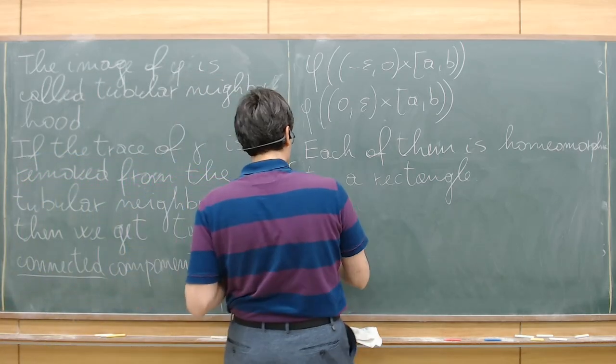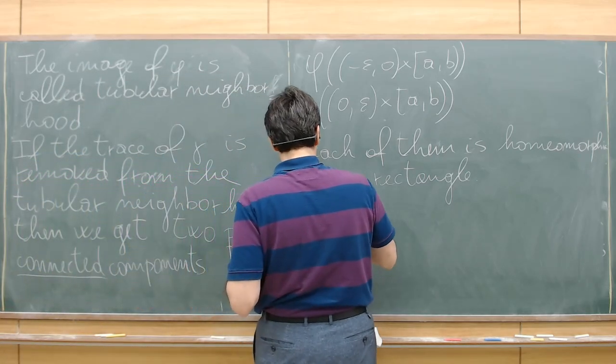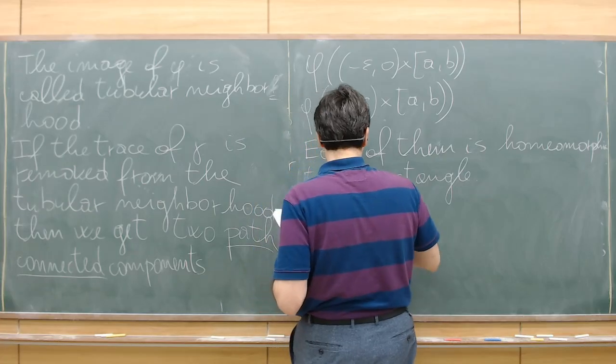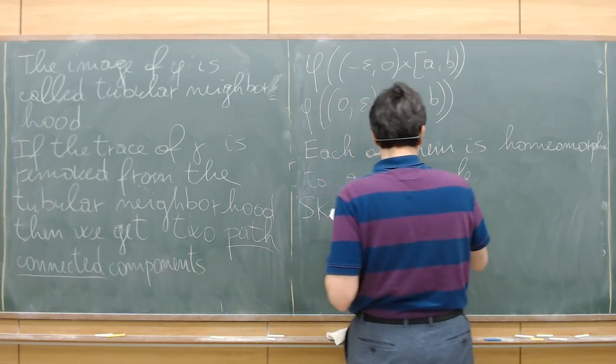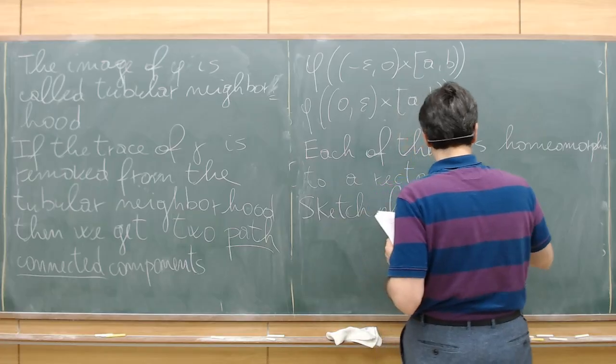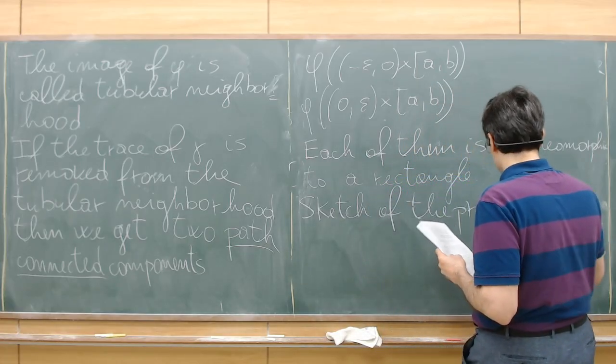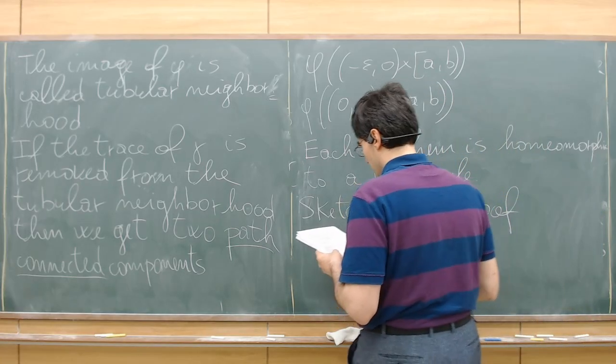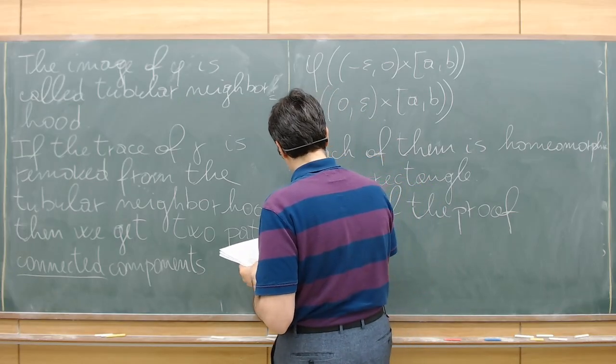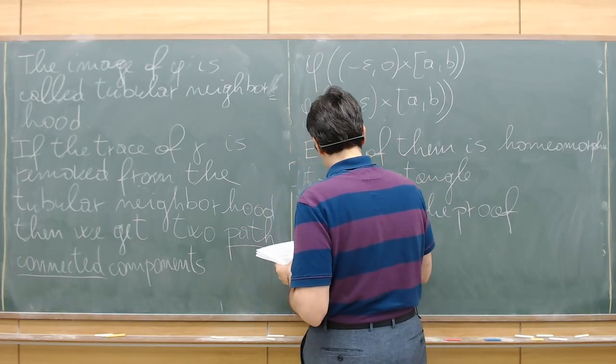Okay, sketch of the proof of Jordan theorem. So suppose that C is the trace of gamma.